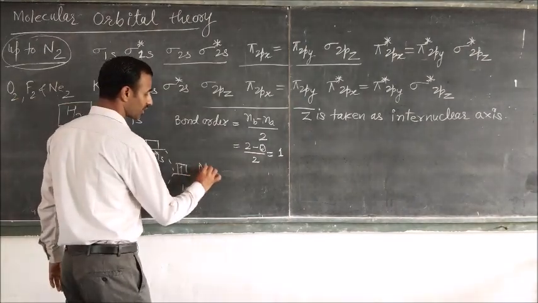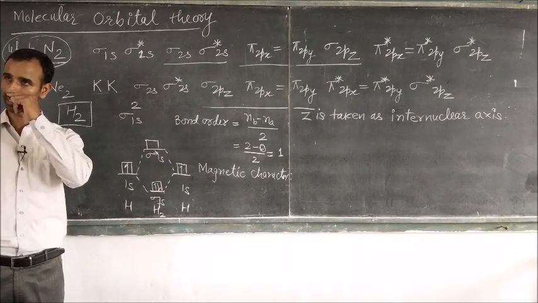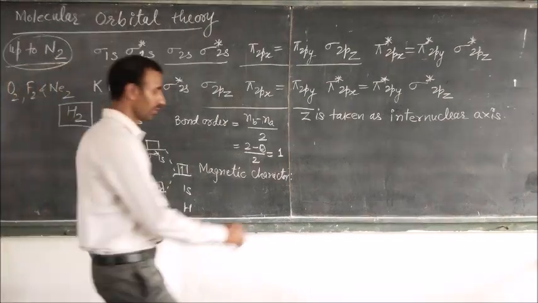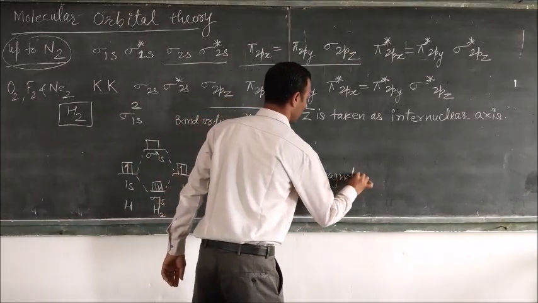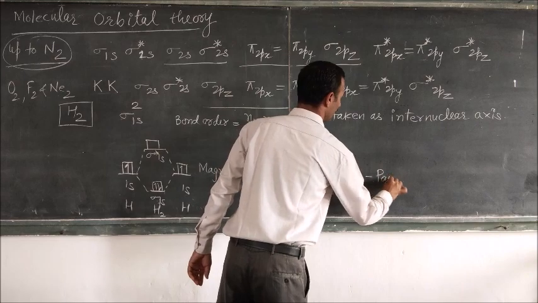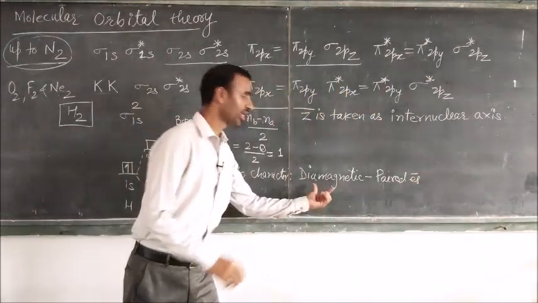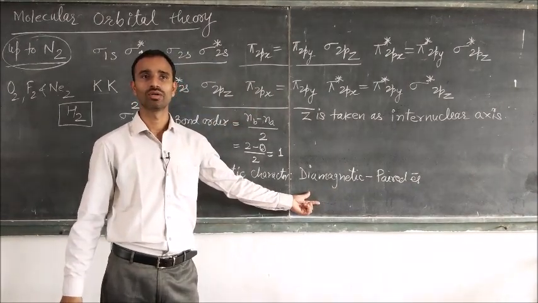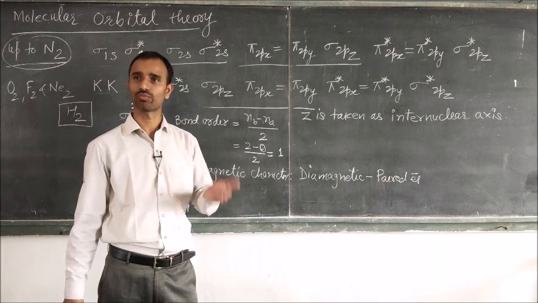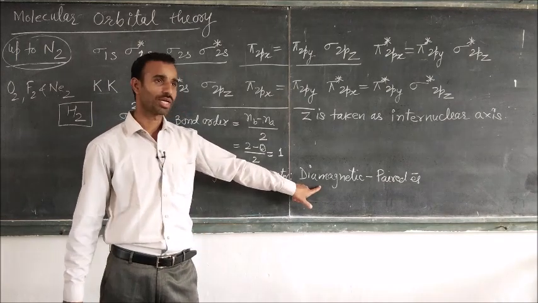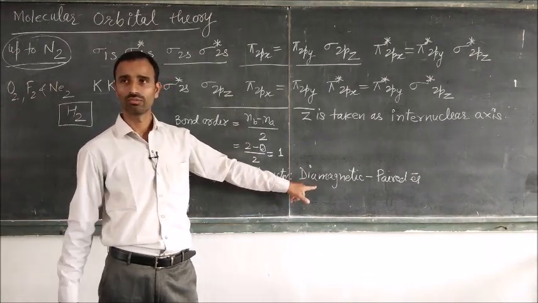What about magnetic behavior? So H2 is paramagnetic or diamagnetic? Diamagnetic, because of paired electrons. And what are diamagnetic substances? Which are weakly repelled by the magnetic field. Diamagnetic means they are weakly repelled by the magnetic field.